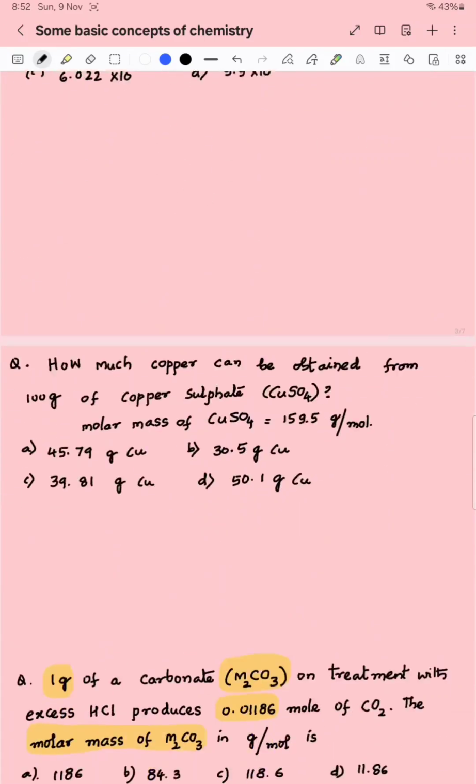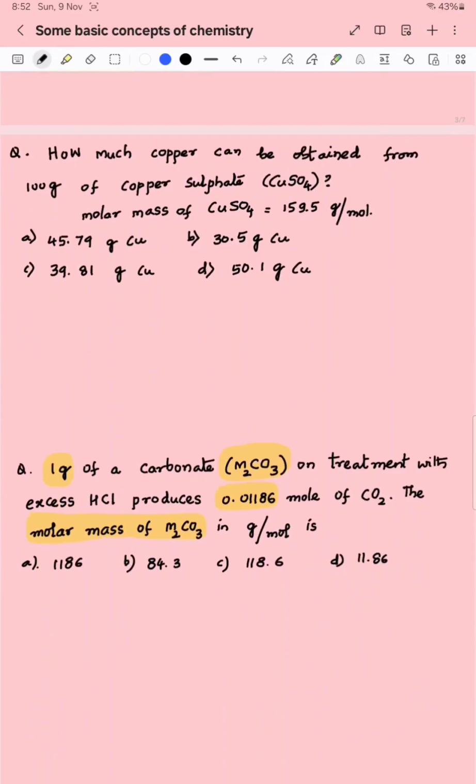Next, look at this, student: how much copper can be obtained from 100 gram of copper sulfate? The molar mass of copper sulfate is given as 159.5 gram per mole.